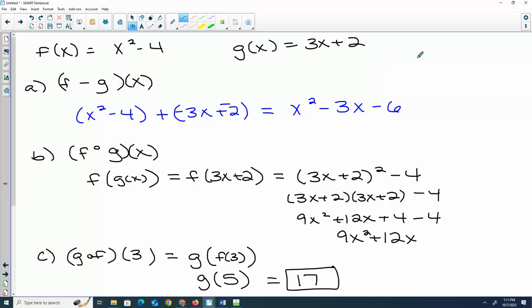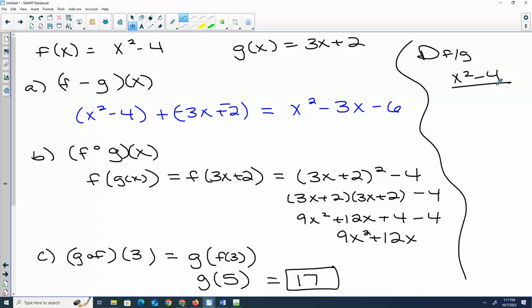What if I asked for the domain of f divided by g? So f divided by g would be x squared minus 4 over 3x plus 2. How do I find the domain of that? The bottom can't be 0.